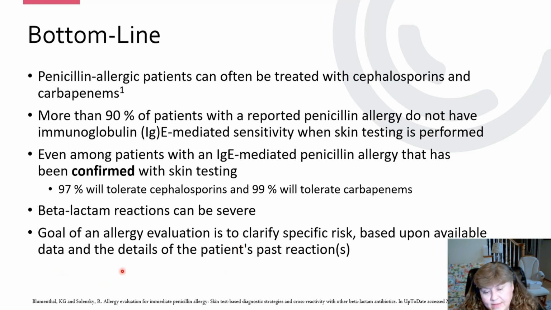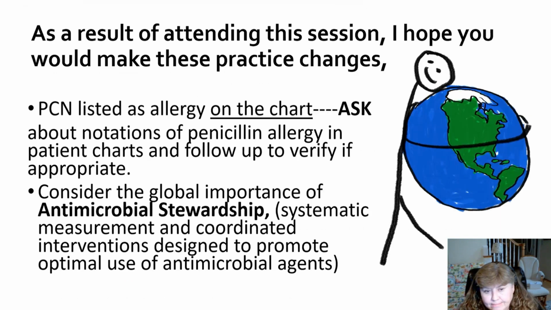And the goals of an allergy evaluation are to clarify the specific risk based on available data and details of the patient's past reaction. So as a result of attending this session, what I would hope is that if someone has penicillin listed as an allergy on their chart, that you ask about the penicillin notation, follow up in the chart and see if that's appropriate.